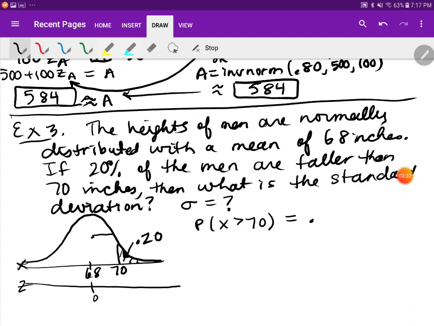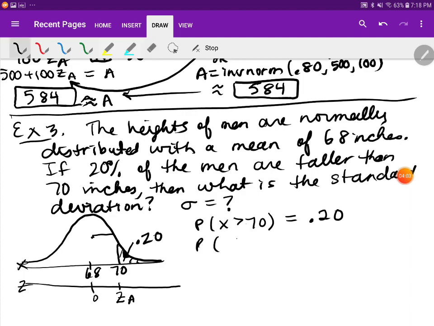And that equals 0.20, which means the probability that z is less than ZA is equal to 0.80. Let me write one step before that, because lots of people like to skip that ZA step.